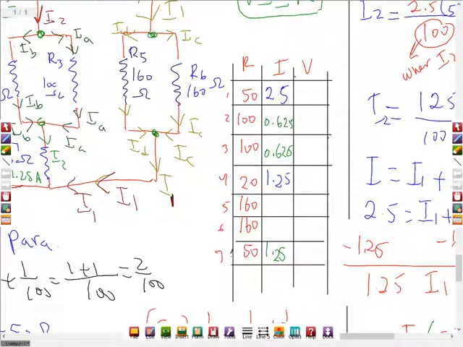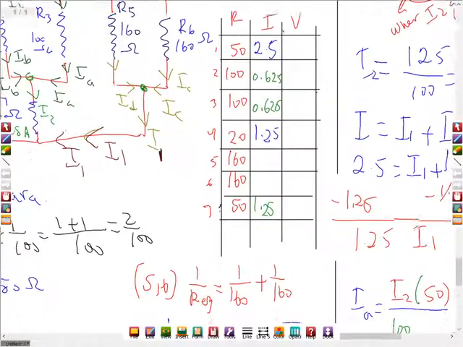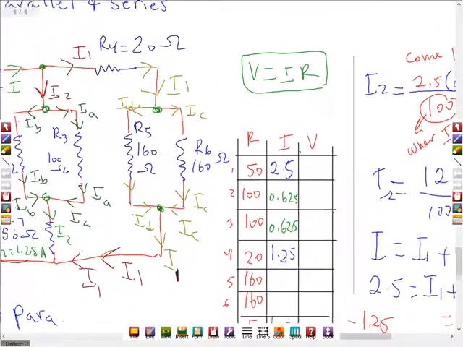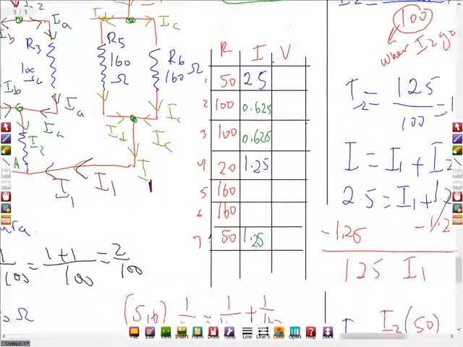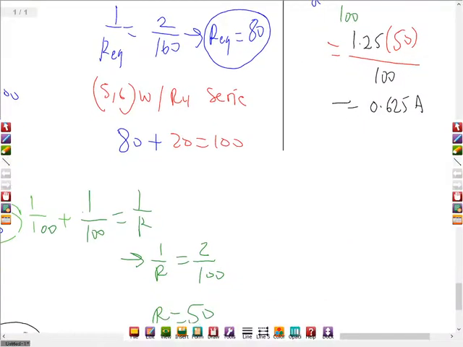Now, the 160 and 160. We have I2, right? Since the same thing, I1, ID, and IC. Look, to understand more, I'm going to do this one. ID and IC. ID comes from I1, goes to 160 and 160, which is 80. How much is I1?